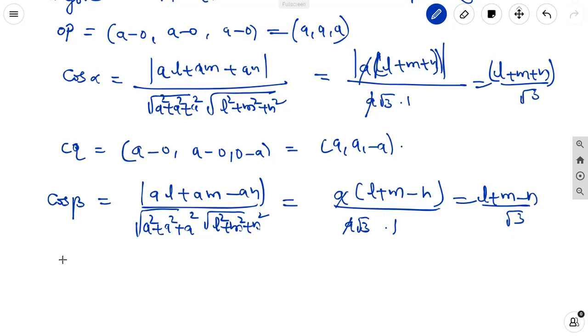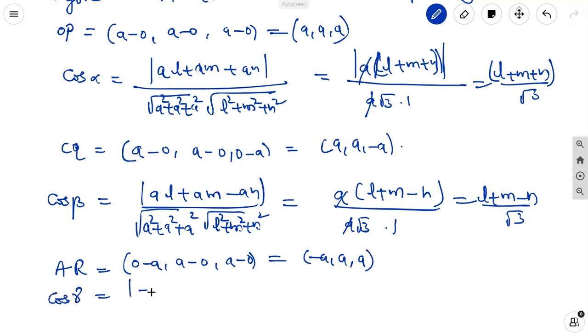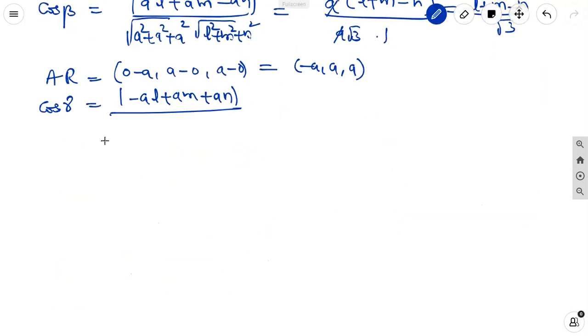Next, AR. R is 0, A, A and A is A, 0, 0, so AR is minus A comma A comma A. Then cos gamma equals modulus of minus AL plus AM plus AN by under root of minus A whole square, A square plus A square plus A square, under root of L square plus M square plus N square.